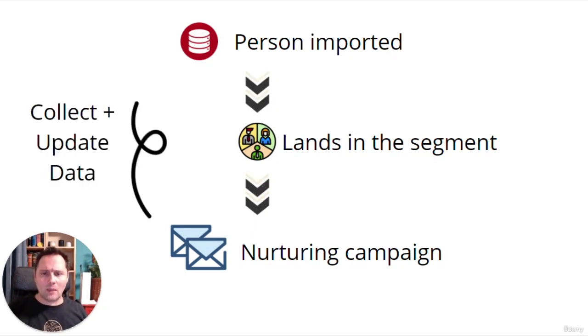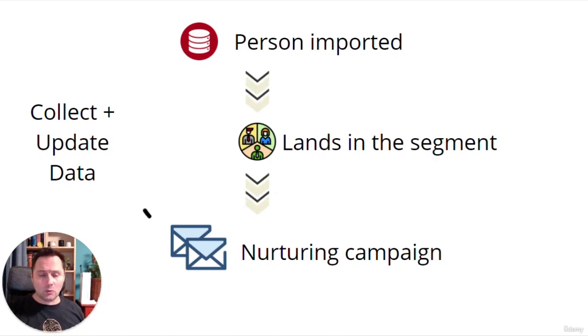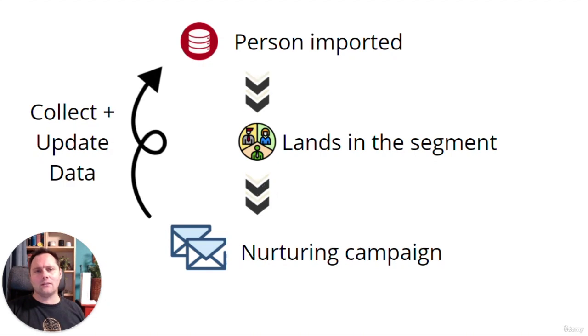So what happens is that we collect and update the data we used in the campaign, push it back into the person's profile, and the whole thing starts again. And this is a cycle, and that's how marketing automation works. So you don't have to write to contacts one by one, but Mautic will do this job for you.